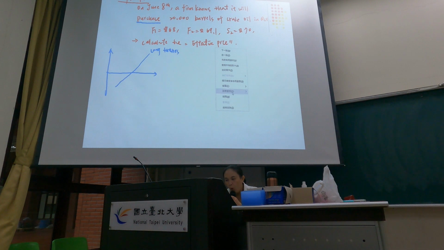So you have F1, remember F1 is your exercise price. F1 is here, okay? F1 according to the information is 68. And then here you have F2, 69.1. And then you have a 70, which is your S2.